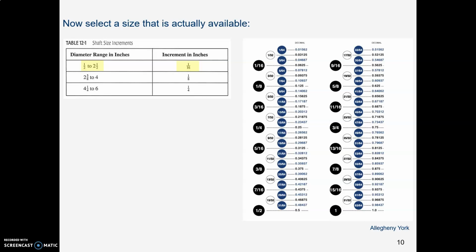And we just found that we needed a diameter of at least 0.761. All right. Well, 0.761 is bigger than 3/4, isn't it? So we need to look at our chart and see, if we need something bigger than 3/4, what is the next 1/16 size up from that?